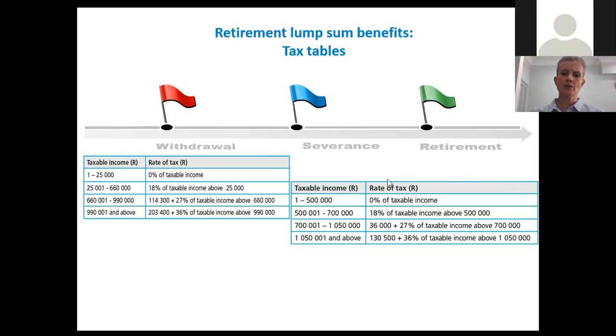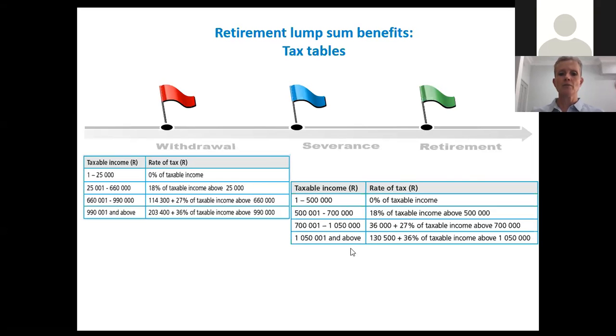You can see on the retirement or severance package, so that's retrenchment, even if you're under 55 on the severance side, it's favorable in terms of the tax. So you get the first 500,000 tax-free, and then it becomes a sliding scale again.